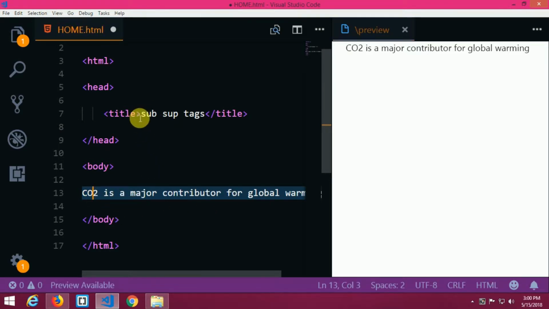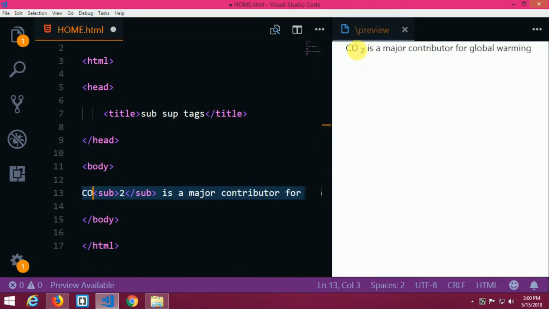This is the sub tag. You need these types of tags. So between this I will write the sub tag. I have opened it. You could see here that now the CO and 2 is coming below. So this is the correct format for CO2. If you are writing oxygen, you can see this is O2.